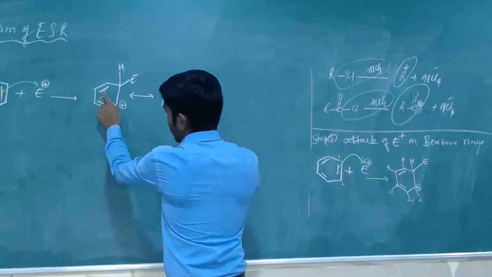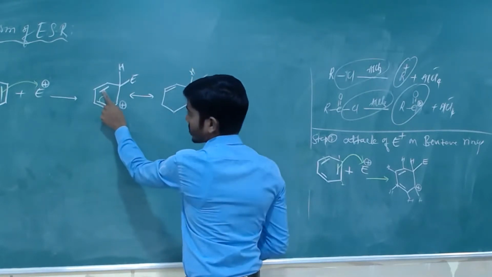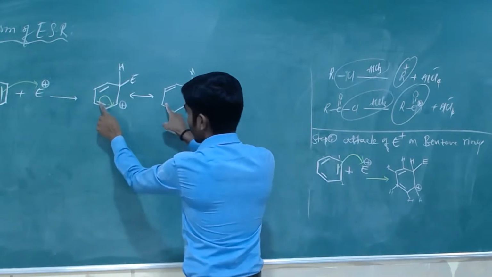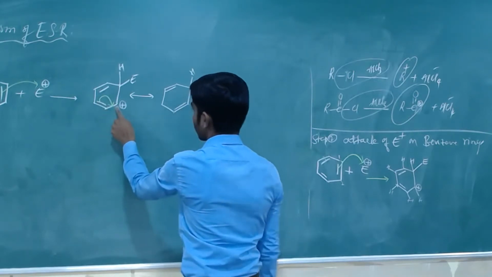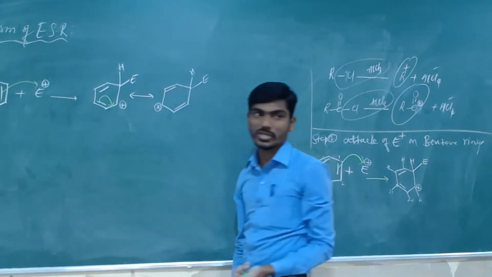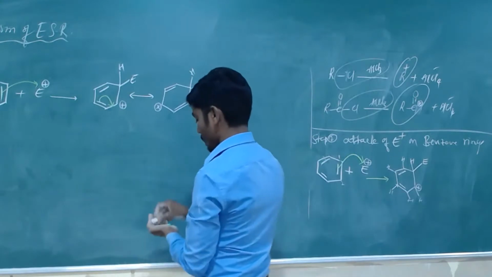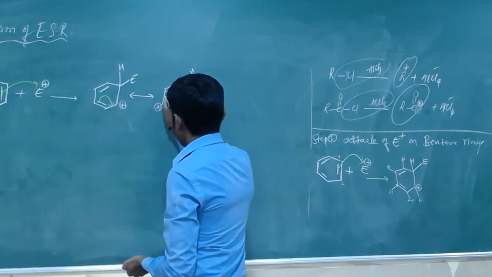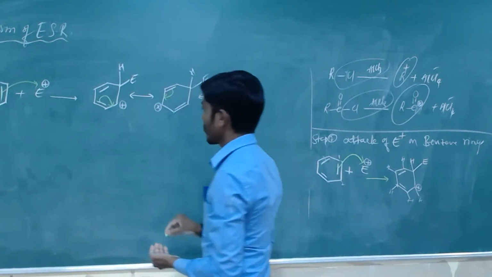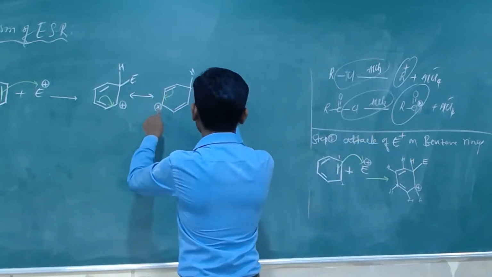This bond remains in its position, hydrogen and electrophile as they are. Now this bond gets shifted to this position. Therefore the plus charge will be on the adjacent carbon. Next carbon, next step. This pi bond is shifted here.